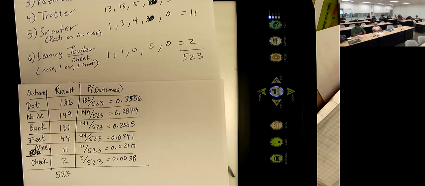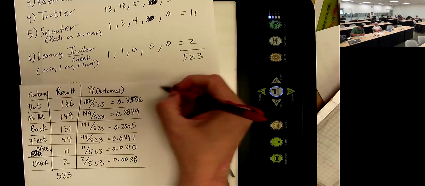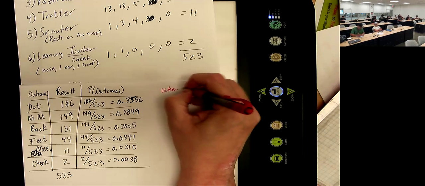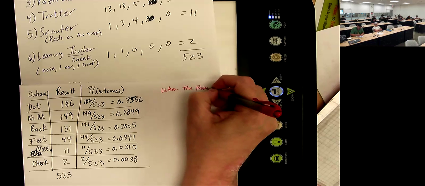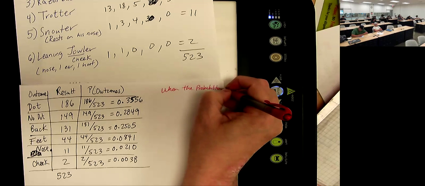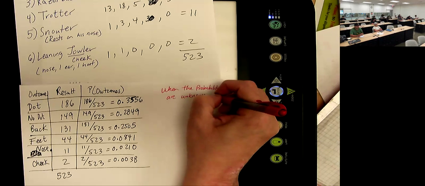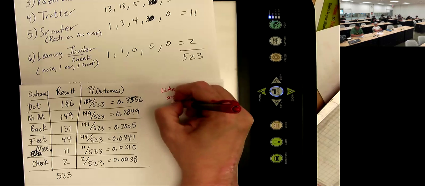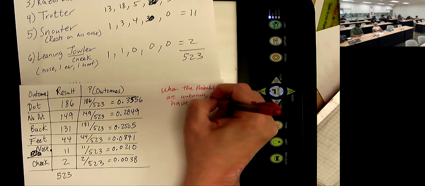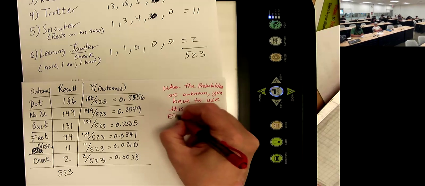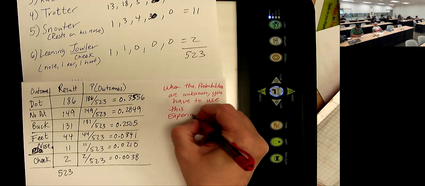This is what happens when we do an empirical thing, when the probabilities are unknown, you have to do it this way. This experimental or empirical method.